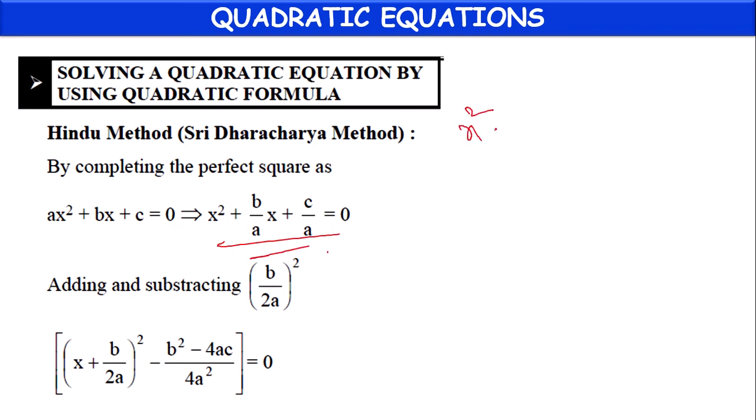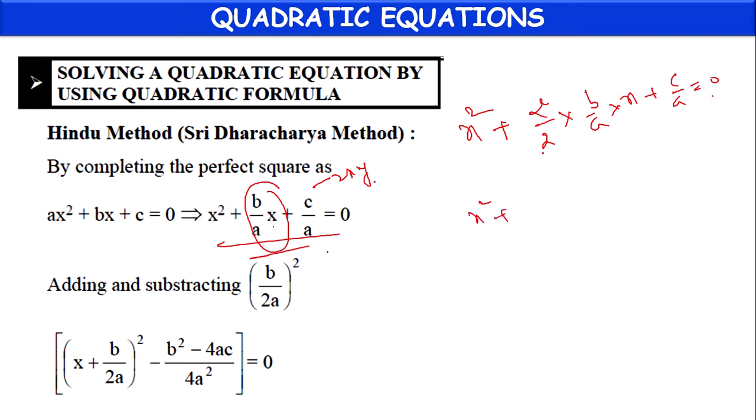So now x square, but here this middle term is to be in the form of 2xy. As we don't have 2 here, we can write 2 by 2 into b by a into x plus c by a equal to 0.